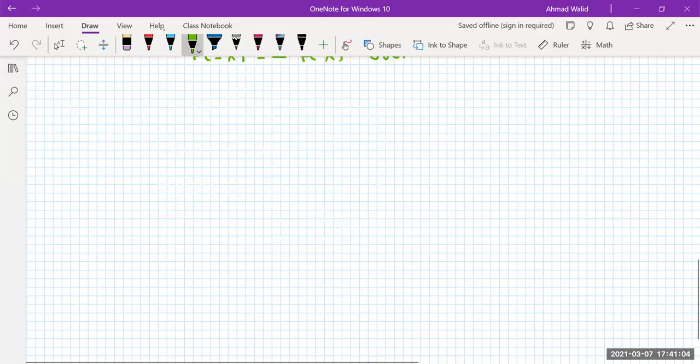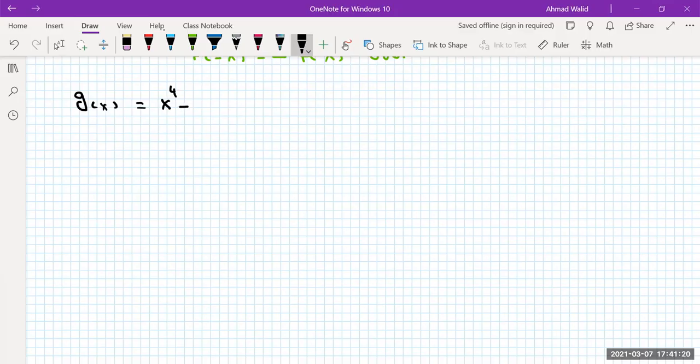Let's do more examples. There are at least 3 in this problem. G of x equals x to the power of 4 minus 2x squared. To check if this function is even, odd, or neither, again, I'll replace x with negative x.